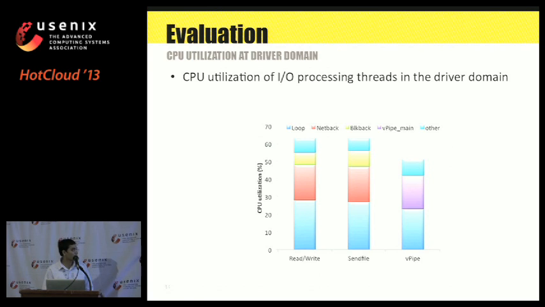None of these components are present in the vPipe case because we don't send any disk blocks to the VM, or get any packets out of the network card during this operation. But someone has to do the transfer, so there's this vPipe main component which is doing the actual copy operation. And there are other small components such as soft IRQs or other overhead operations which are almost constant in all three cases. So we do get some extra savings because we don't involve these netback and blockback threads.